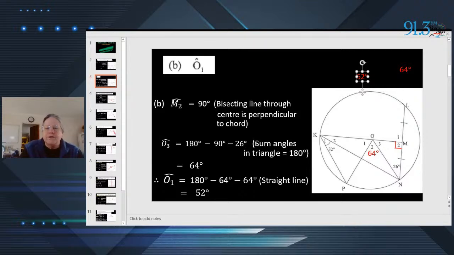The reason we're using this is the sum of the angles in a triangle equals 180. If we do that in the calculator, we get 64. So O3 is 64.